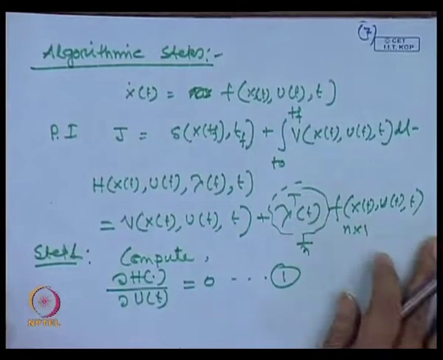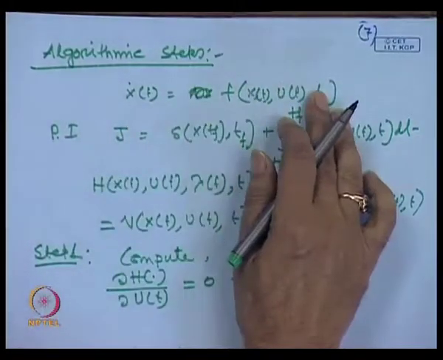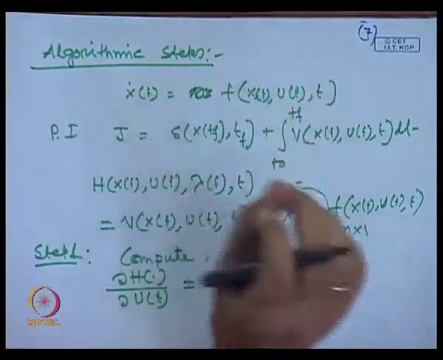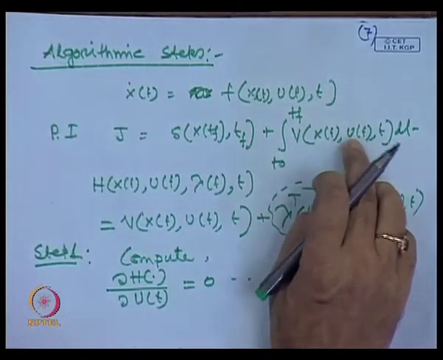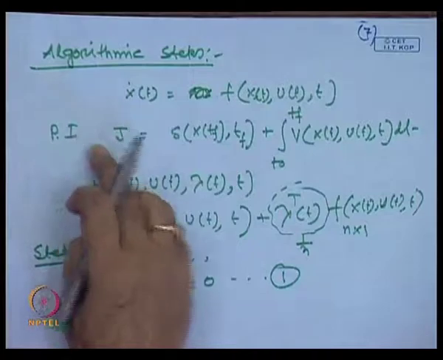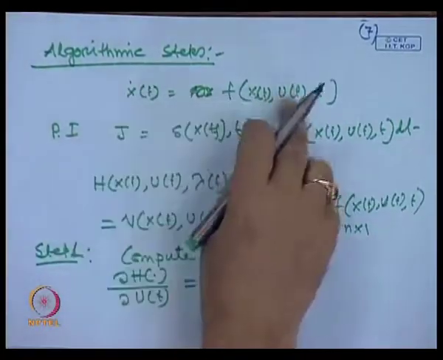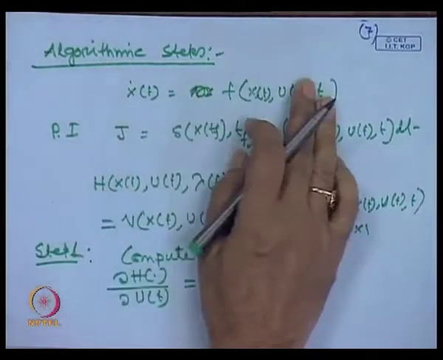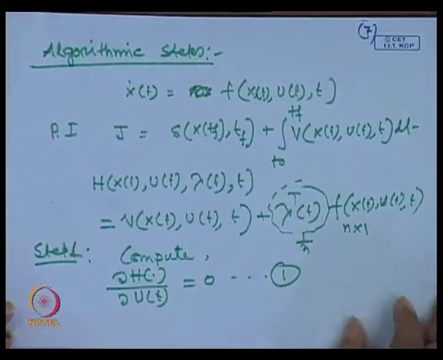Once I know the Hamiltonian function from the given performance index and the constraint, our problem is finally to find u star of t such that the performance index is minimized subject to the equality constraint, which may be linear or nonlinear dynamic equations. So, this is the first equation.